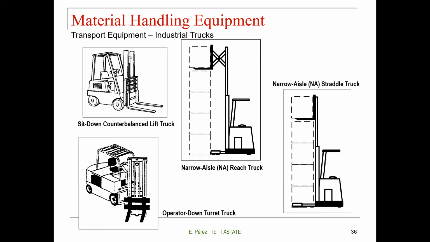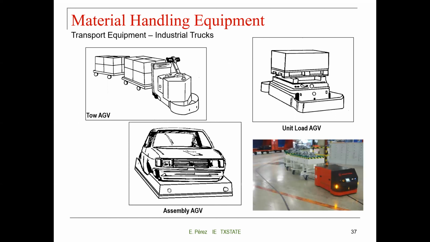So the idea is the same. You have those fingers and they can go under the pallets, and then you can lift and move around. You don't have a fixed path, so you have a vehicle that you can drive to a desired location. Here are some extra examples. The AGVs, these are becoming more popular now with the use of new technology.